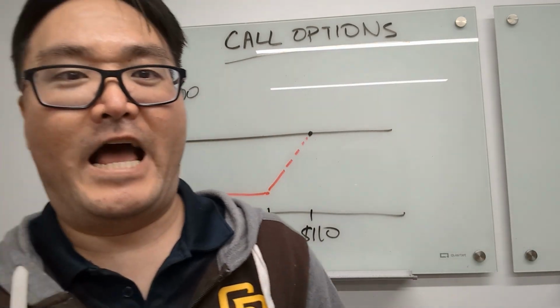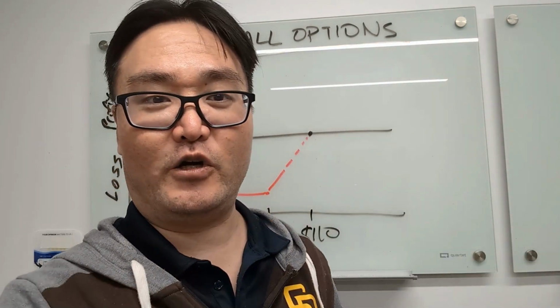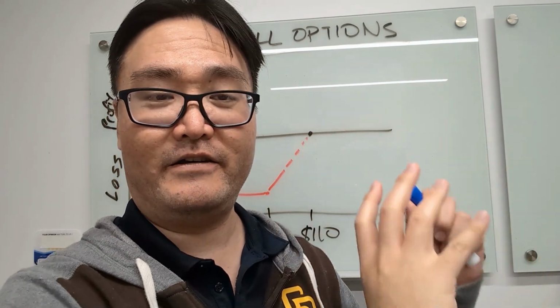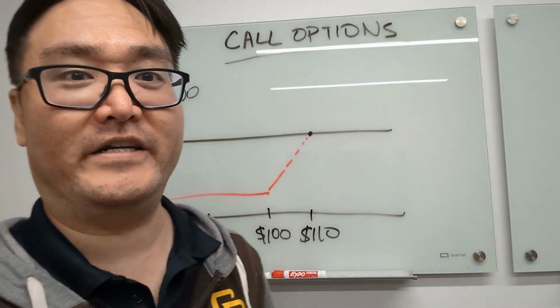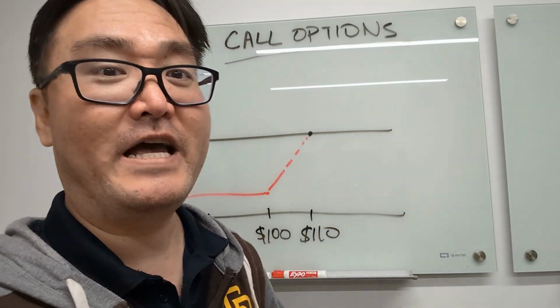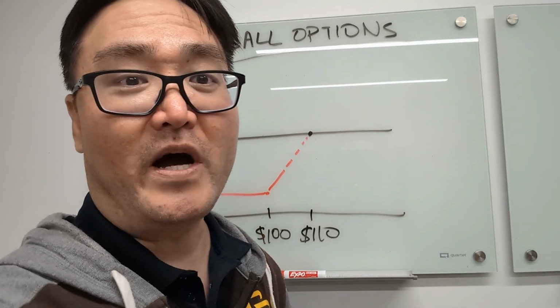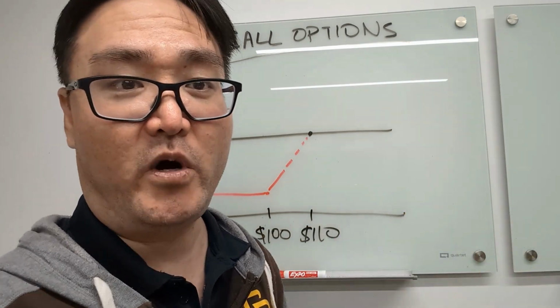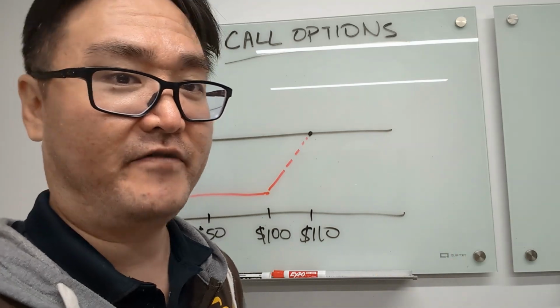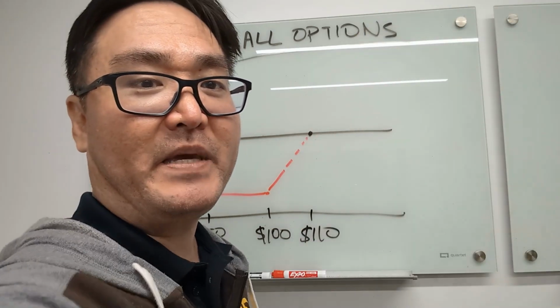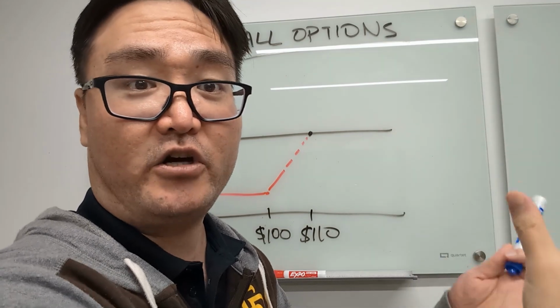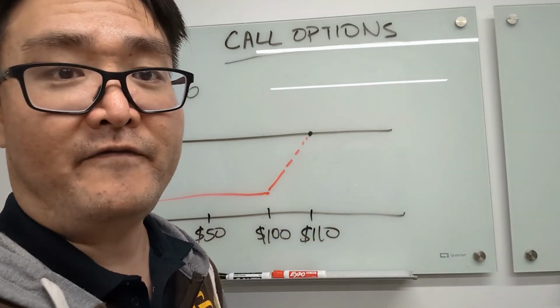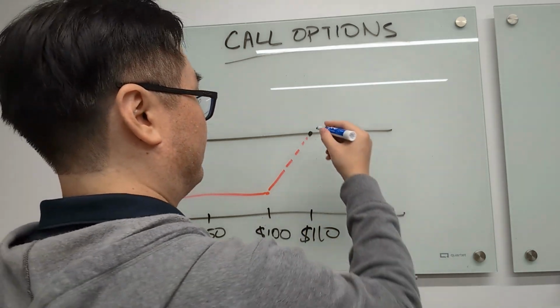Now, if the stock goes beyond your break-even point, let's say it goes to 111 or whatever, then beyond 110, your call option becomes profitable. And the higher and higher the underlying stock goes, the more and more profit you enjoy.